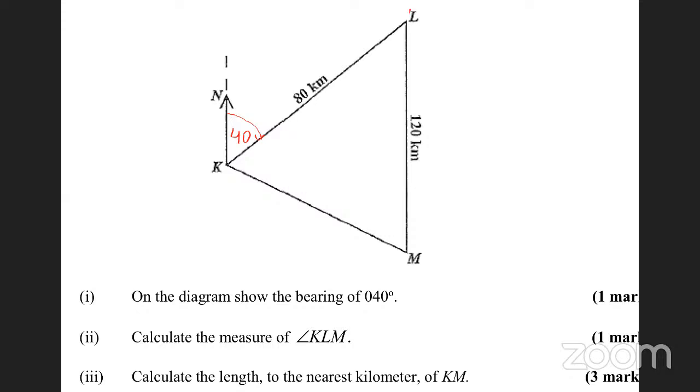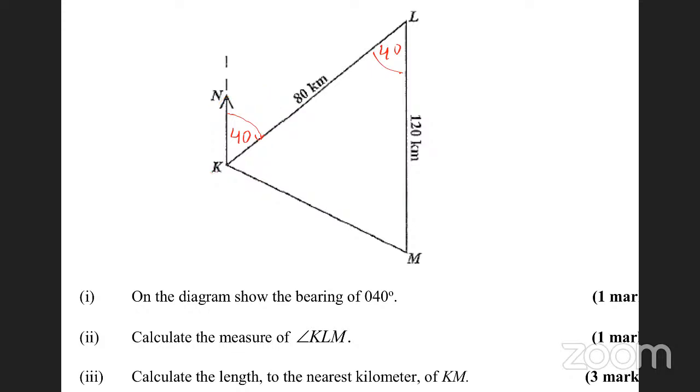It means that here is parallel to here. So if here is 40, it means here is also 40. That's okay? So you cannot just put 40 there earlier. If you write 40 here, it will help you with part 2 and 3, but you will get the first part wrong because you left out 40 there. All right?